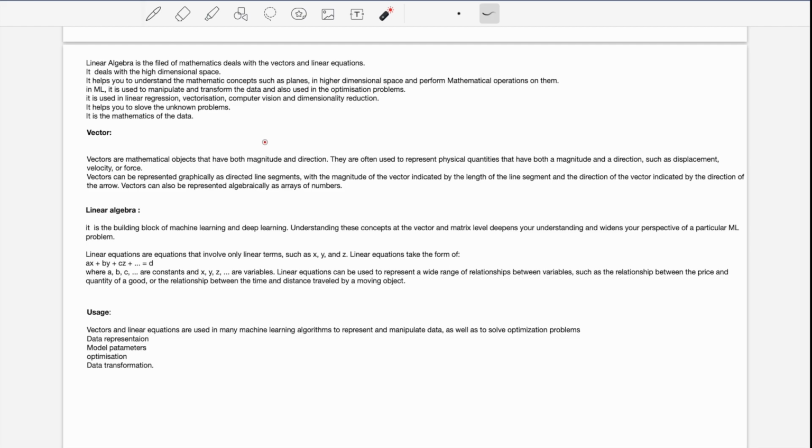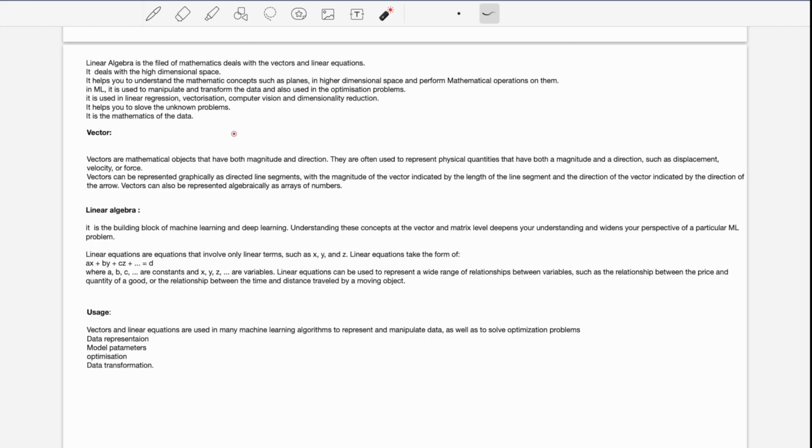It is also used to transform the data, and in optimization problems. I hope you understand. It is used in regression, vectorization, computer vision, and dimensionality reduction. So linear algebra has this many usages, and it helps to solve unknown problems.